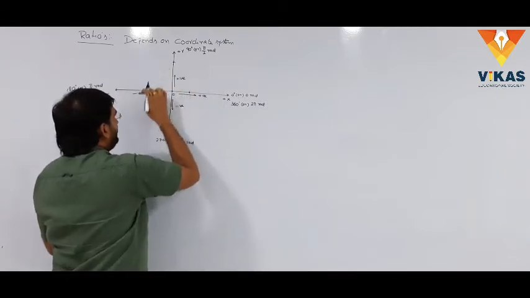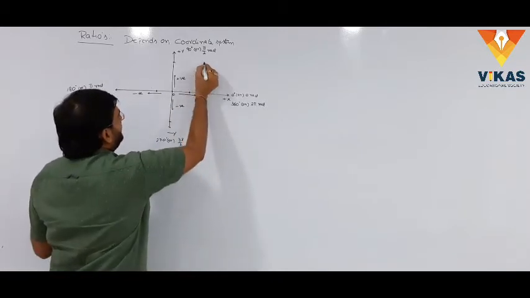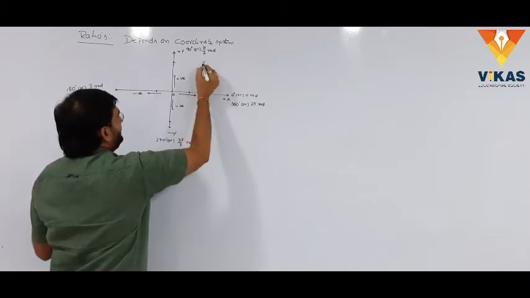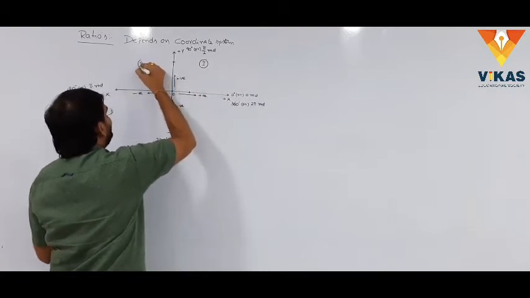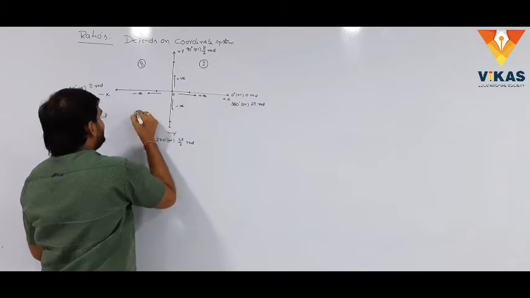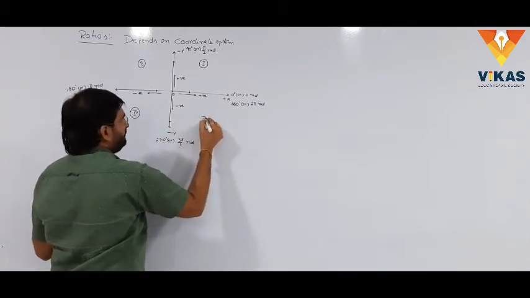Here the 4 parts are there according to the Indian coordinate system. This is treated as the first quadrant, this one as the second quadrant, this one as the third quadrant, and this one as the fourth quadrant.